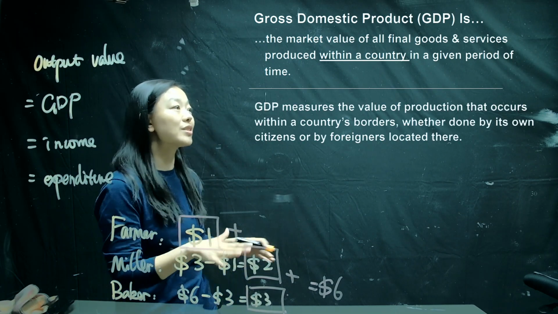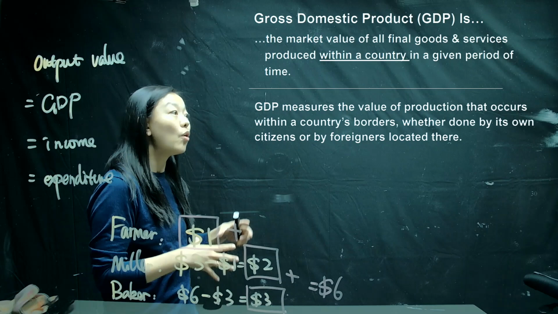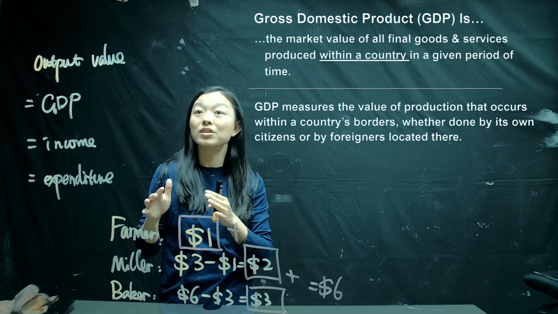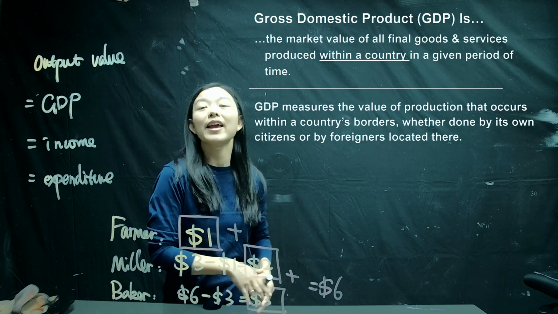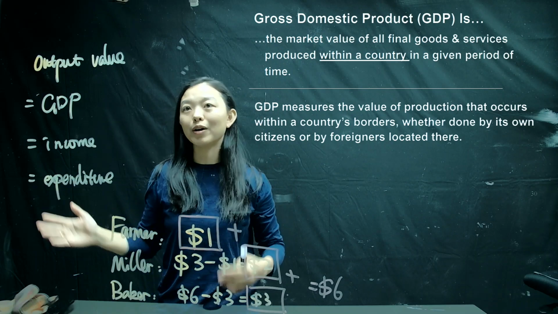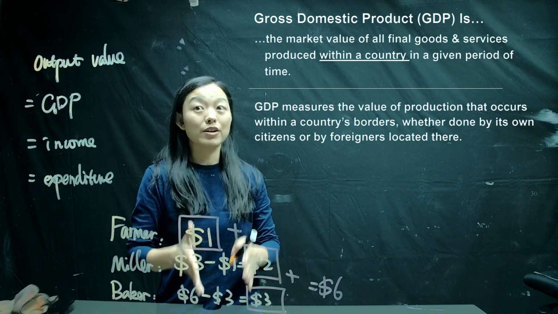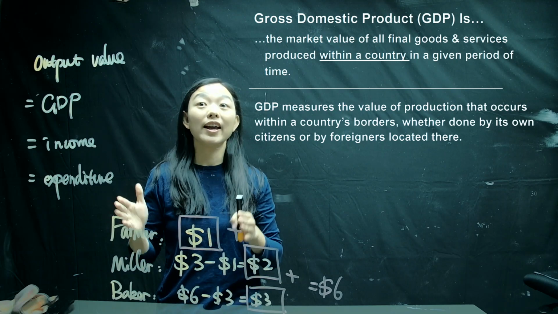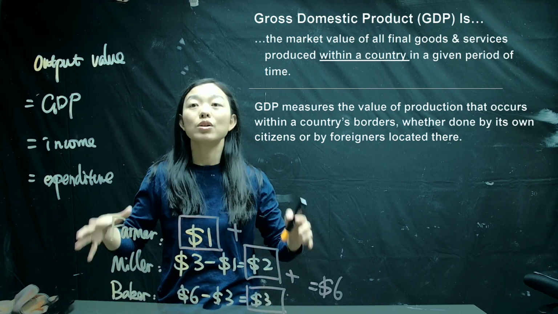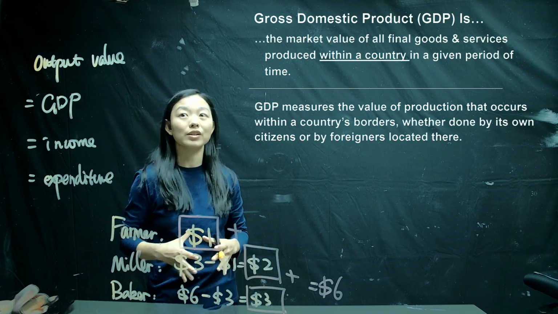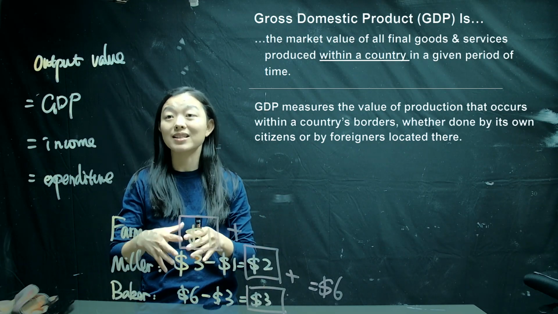So GDP measures the value of production that occurs within a country's borders, whether done by its own citizens or by foreigners. Understand? If there is a person from Korea who works in the United States, his income is counted in US GDP.